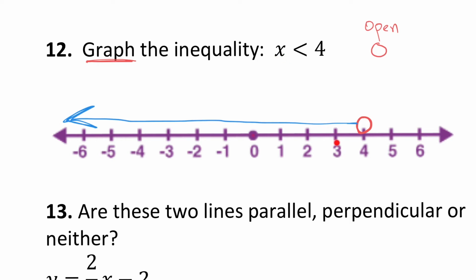So we have the 3 on the left side of the 4, the 2, the 1, the 0, and all the negative numbers are less than 4. But keep in mind, when you don't have the "or equal to," that's going to be an open circle. And if the inequality is pointing to the variable, you have the arrow going to the left.